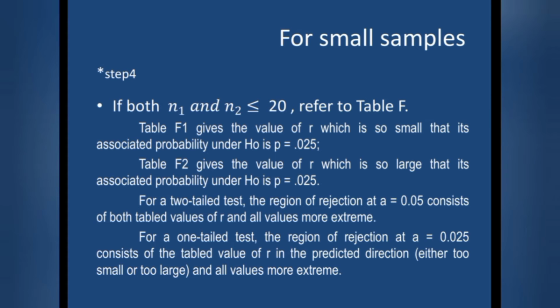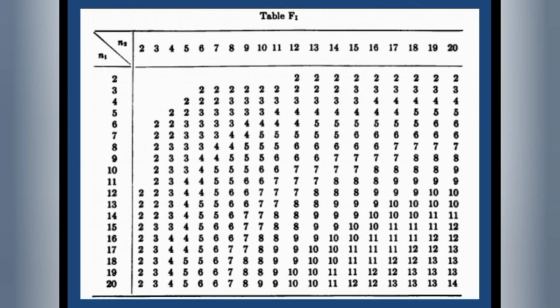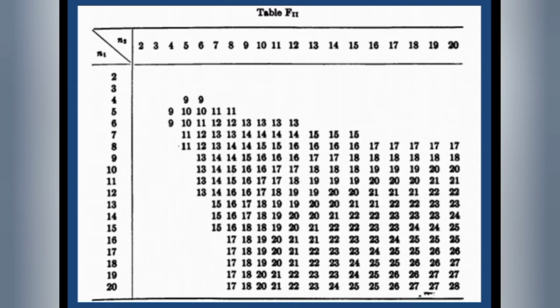If the prediction is that too many runs will be observed, ang Table F2 gives the critical values of R which are significant at the 0.025 level. Ito yung sa upper tail. Ito yung Table F1 natin for lower tail and F2 for upper tail.